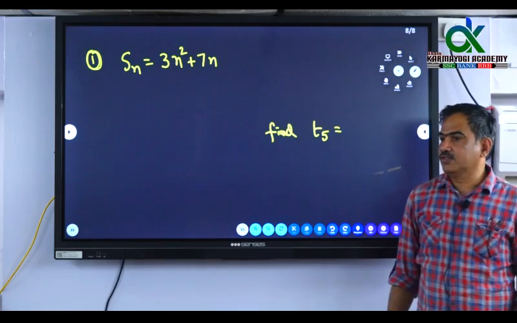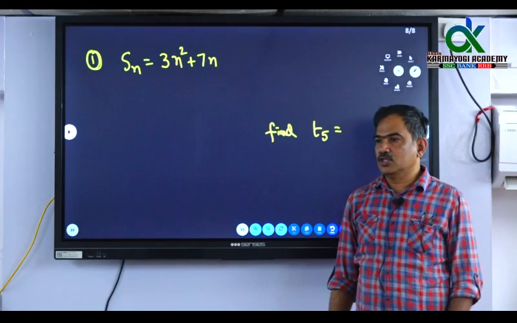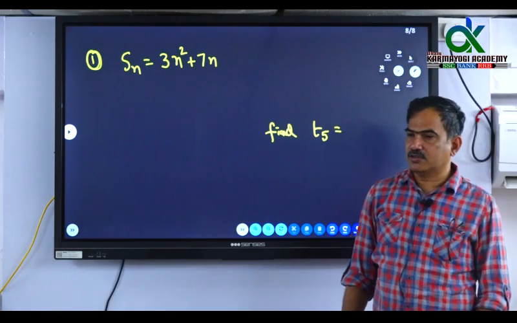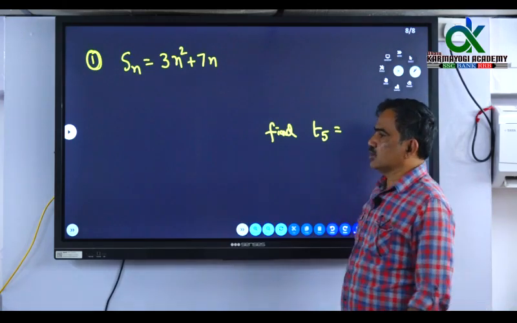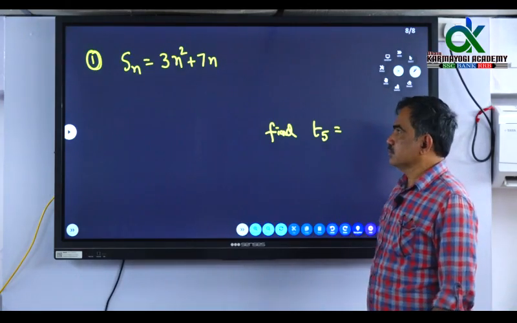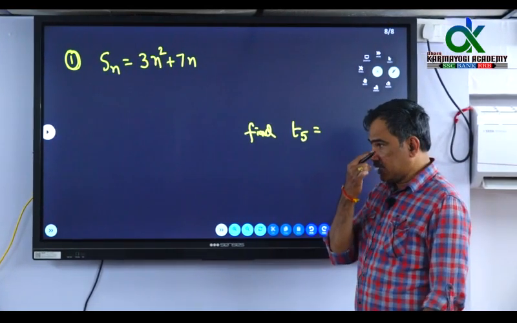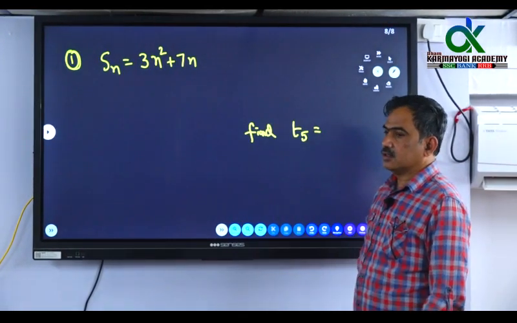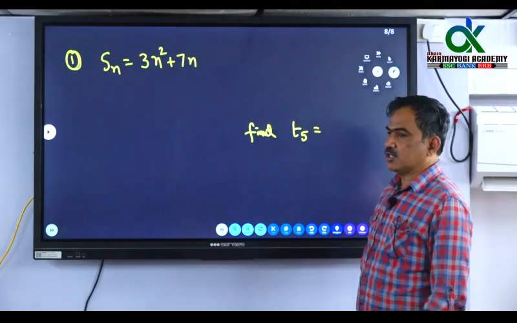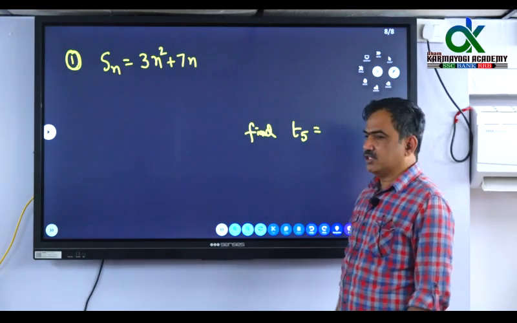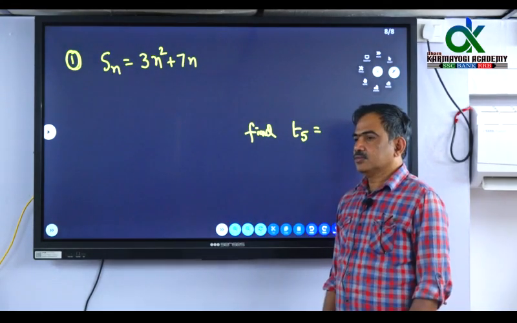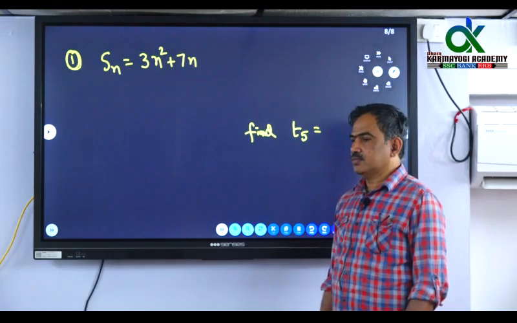Then find fifth term of this progression. If Sn is equal to 3n square plus 7n is the sum of n terms in arithmetic progression, then find fifth term.